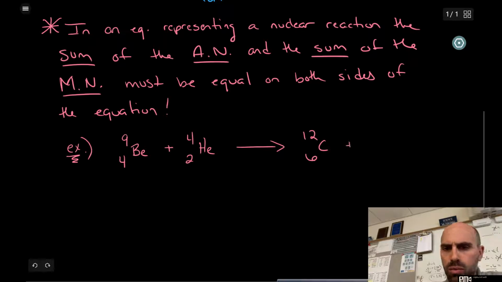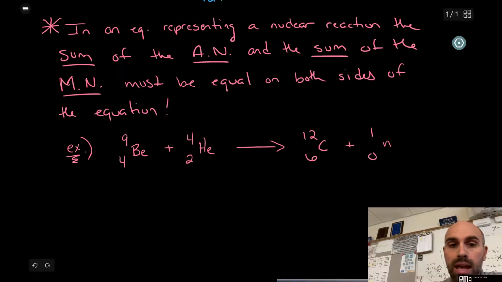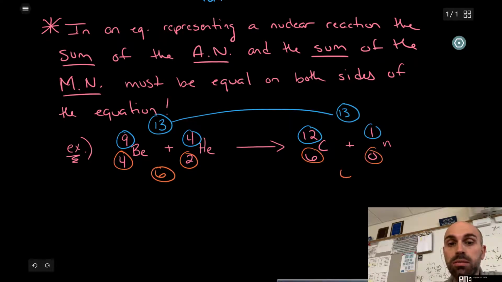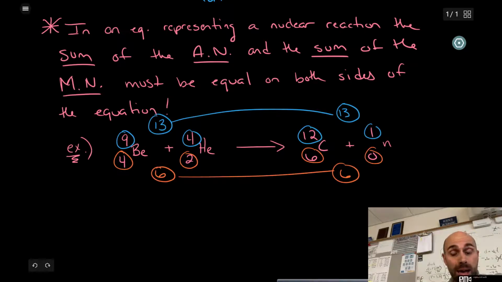And this new thing that we're looking at here, 1, 0, N. The most important thing here is to look at adding the mass numbers. 9 and 4, that's 13. Add the mass numbers on the other side, 12 and 1, that's 13. 13 and 13, we're good. With the atomic numbers, 4 and 2, that's 6. 6 and 0, that's also 6. So we are happy, happy, happy. Happy campers now.